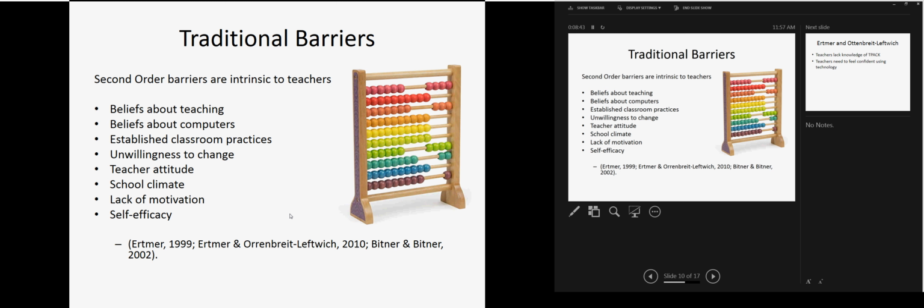Lack of motivation, and then the lack of self-efficacy, which comes from the second article. So just teachers not having confidence in their ability to integrate technology. So those are our barriers. Just want to make sure that you're aware of those, that they are still in existence. That may not be your experience, but that doesn't mean that they're not the case.